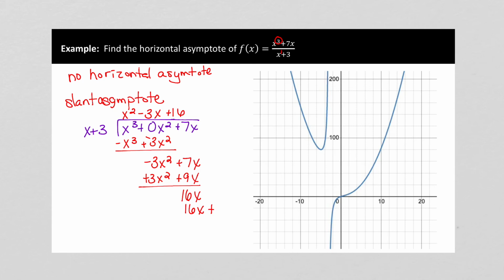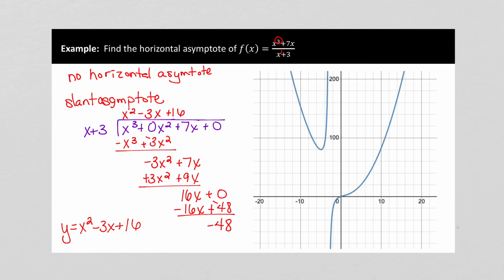Let's see, what is 16 times 3? 48. We could put plus 0 there. And when we subtract, we get a remainder of negative 48, but we don't care about the remainder. The slant asymptote is just what's on top, x squared minus 3x plus 16.